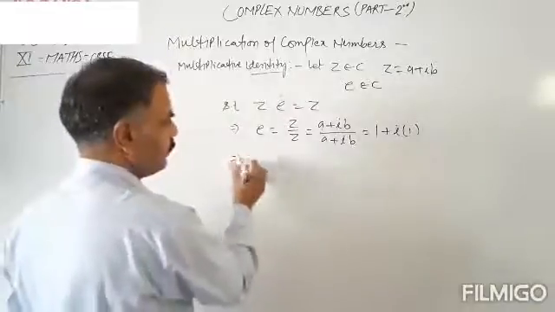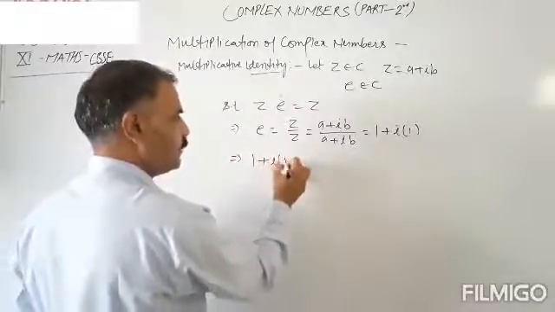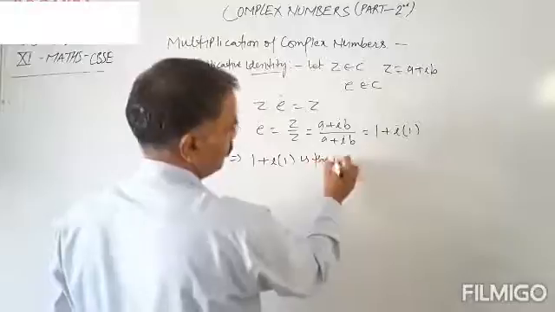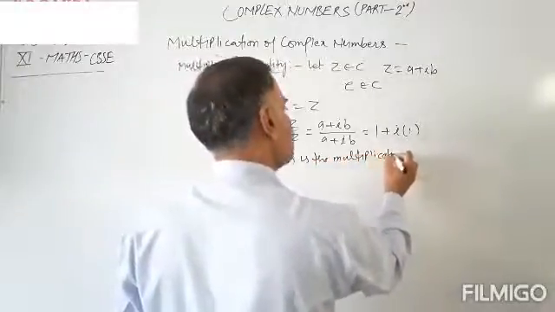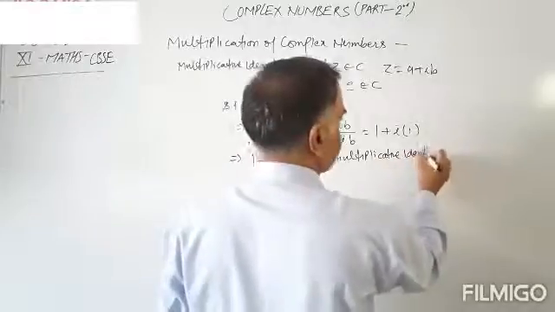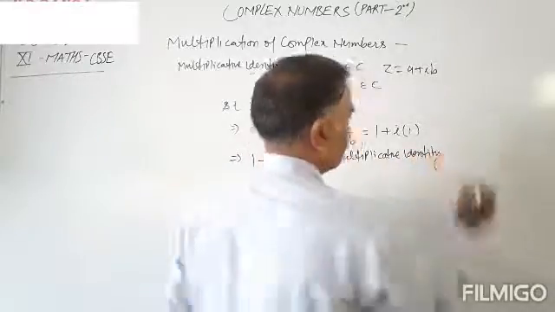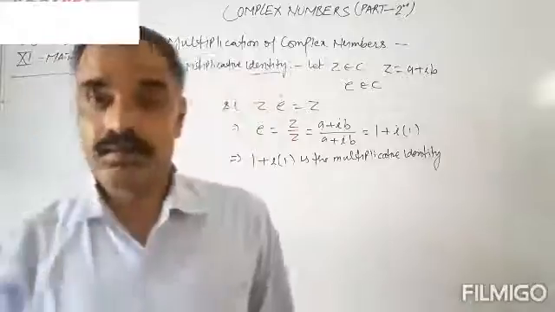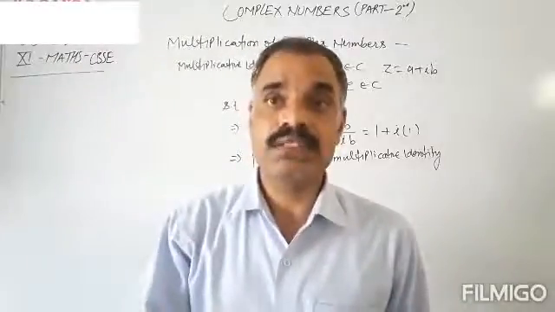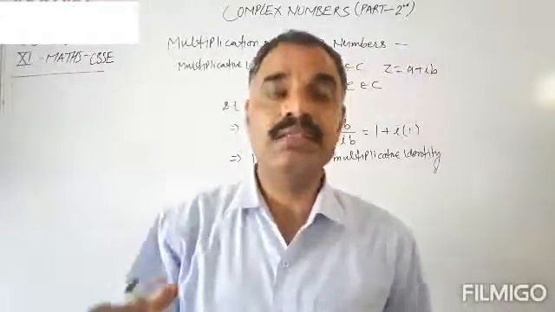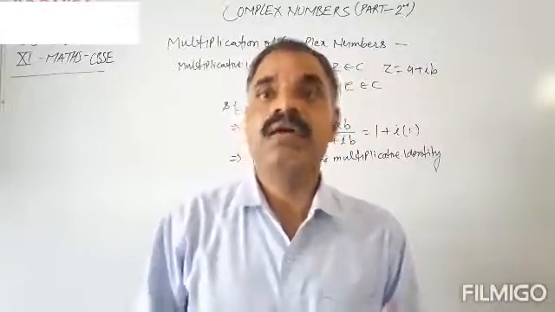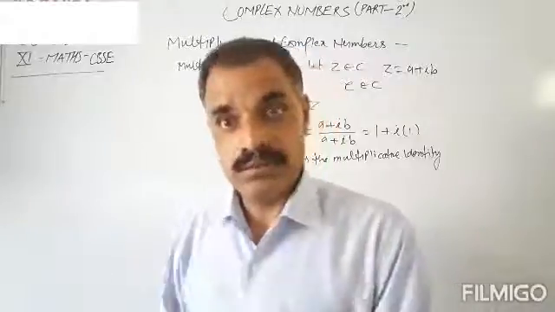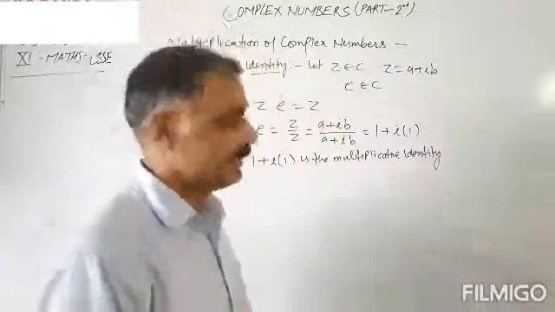So 1 plus iota into 0 is the multiplicative identity, meaning the unit complex number. The unit complex number is the multiplicative identity, as we get the same complex number when we multiply by the unit complex number.